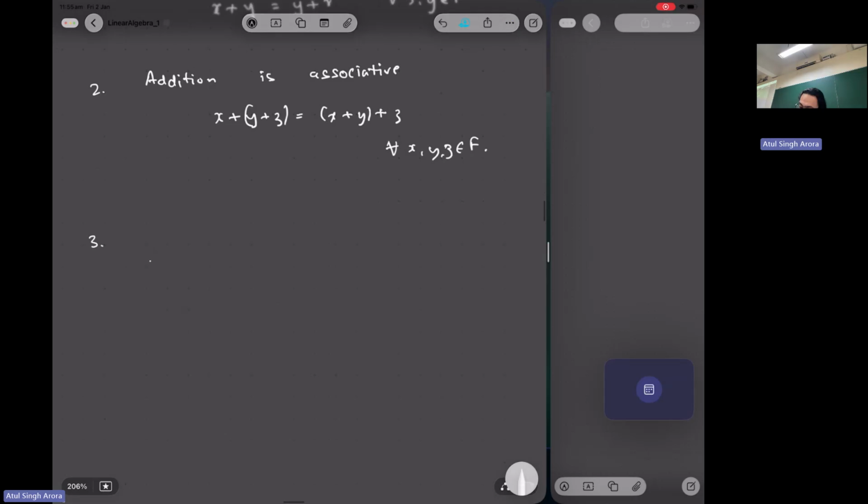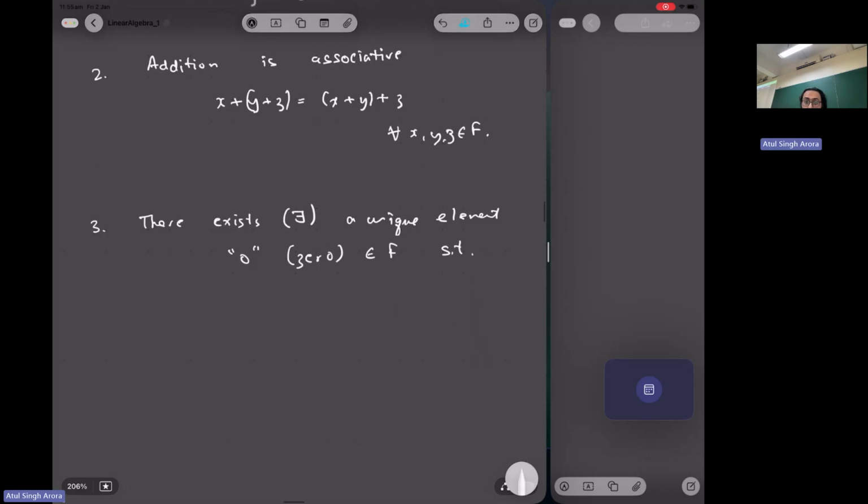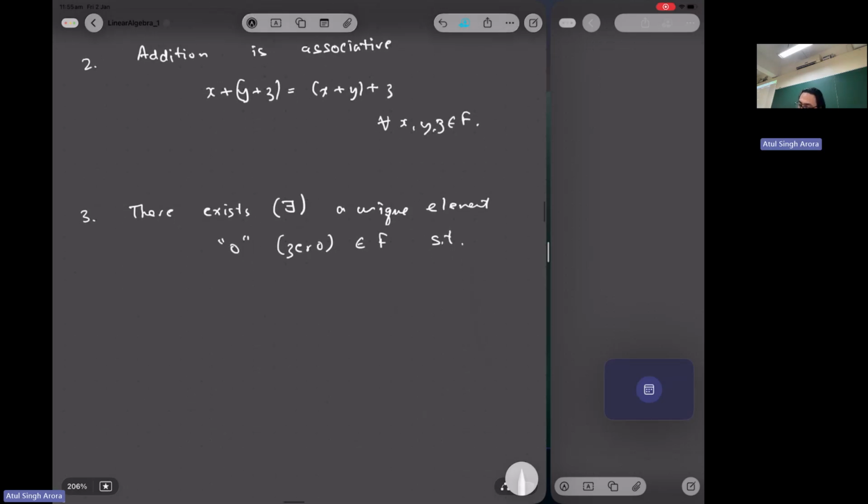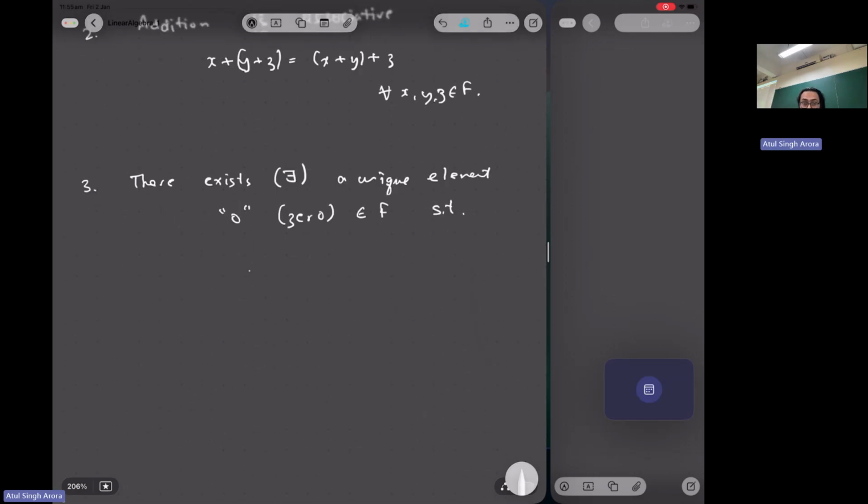The third point is that there exists a unique element, which we denote by 0, such that 0 belongs to F, such that, so what is the key property of 0 in terms of addition?